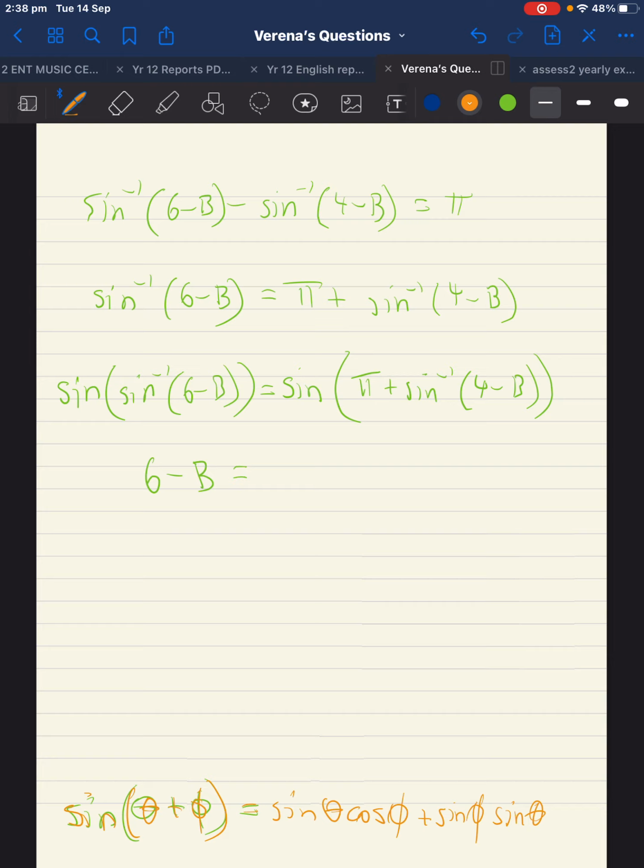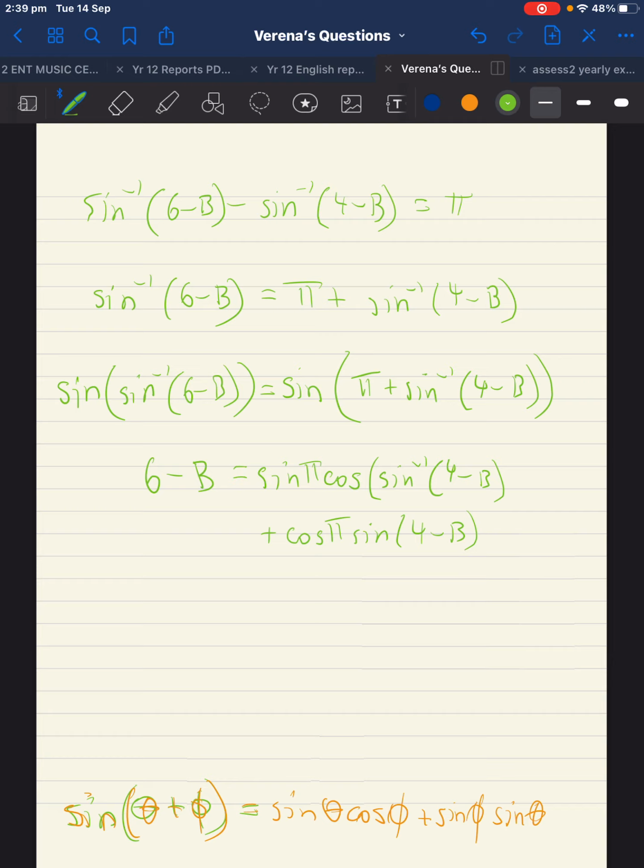So we end up with sine pi cos inverse sine (4 minus b) plus cos pi sine (4 minus b).